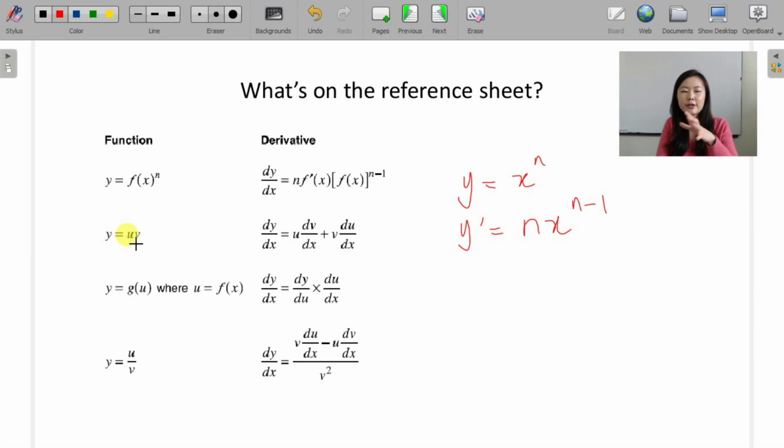So u and v, two different functions, is uv' plus vu'. That's probably the version you're going to try to remember. And the quotient rule, top is u, bottom is v, so it's vu' minus uv' over v squared.